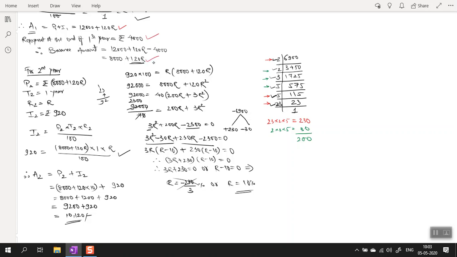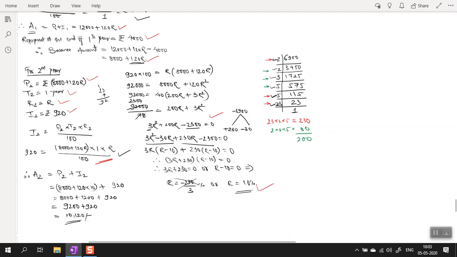So I got the balance as 8,000 plus 120 R. Then for second year, this became the principal, 8,000 plus 120 R. And I had already the interest. So I got the interest in terms of R, and then I simplified it to get a quadratic equation in terms of R, solved the quadratic equation, found the rate.